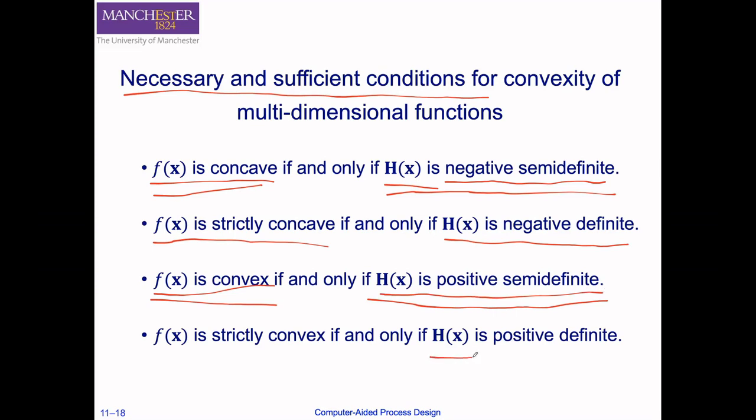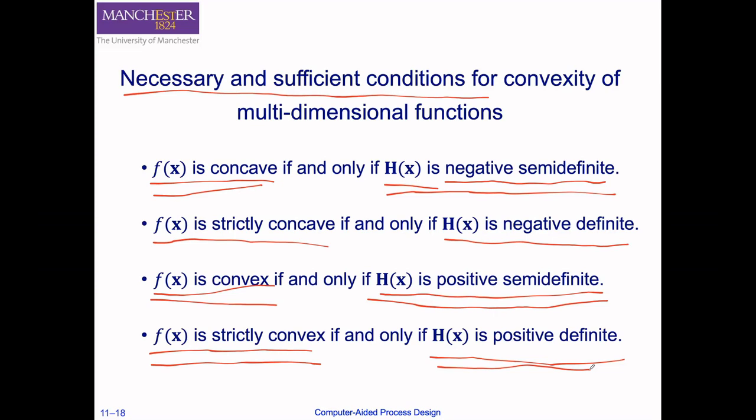If the Hessian matrix is positive definite, then this function f(x) is strictly convex. The reverse is also true. That is, if the function f(x) is strictly convex, then the Hessian matrix is positive definite.